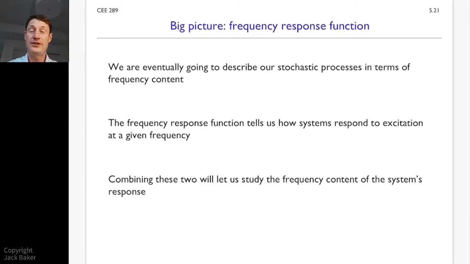If we describe the excitations in terms of frequencies, this frequency response function is really useful to ask how the system would respond to excitations at those frequencies. Then we'll be able to look at the frequency content of the system's response to a more complex excitation consisting of multiple harmonic loads superimposed. We'll have the tools when that time comes.